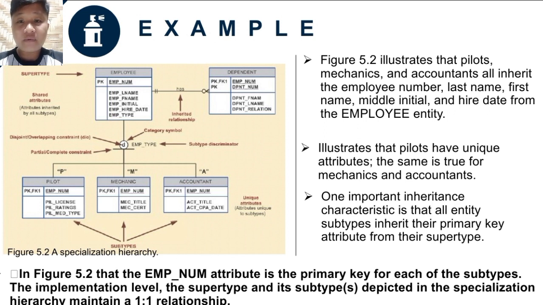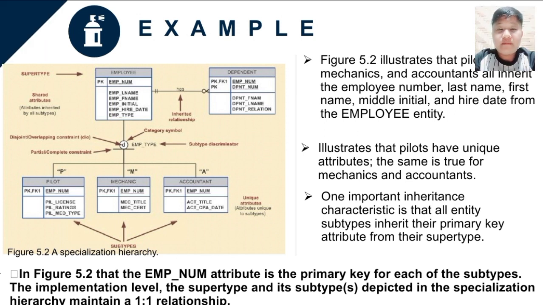However, each subtype also has unique attributes specific to their role, like flight hours and license for pilots, specialty and tools for mechanics, and degree and CPA for accountants. The primary key attribute for each subtype is the employee number, allowing for unique identification. This concept can also be applied to genetic inheritance.